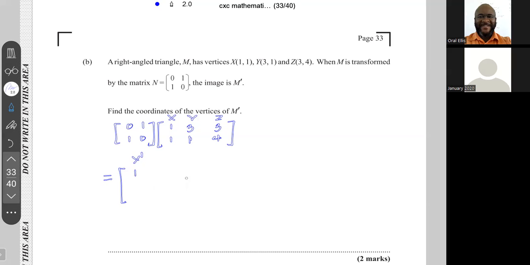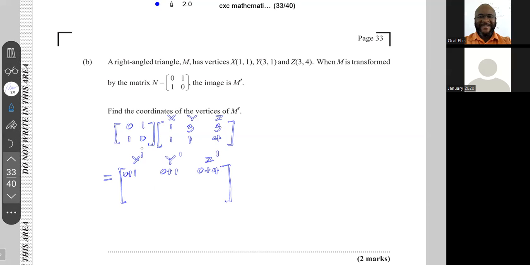Top row, y prime: 0 times 3 is 0, 1 times 1 is 1, so we have 0 plus 1. Then 0 times 3 is 0, 1 times 4 is 4, z prime.